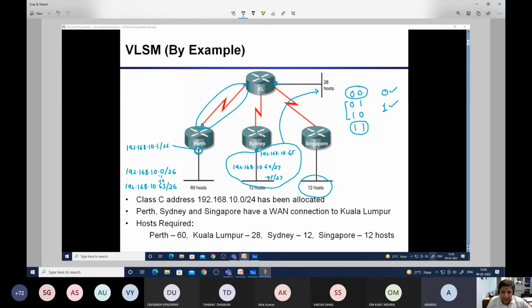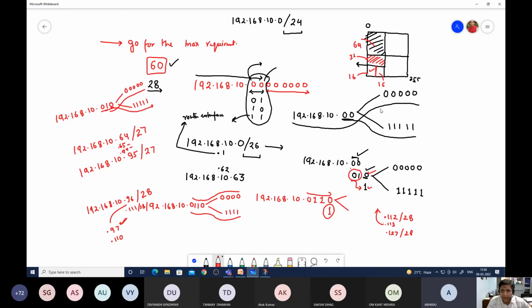So things are very easy. Start from 112, which was the last one. Fine. And keep on assigning. And what you need to do, actually, just think about this particular figure. So it was like 16 to 8. So how many addresses are here, if you see?